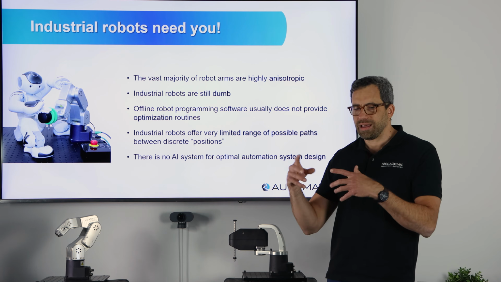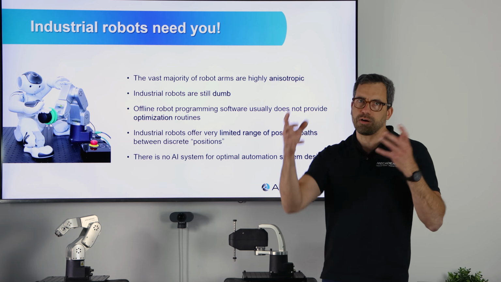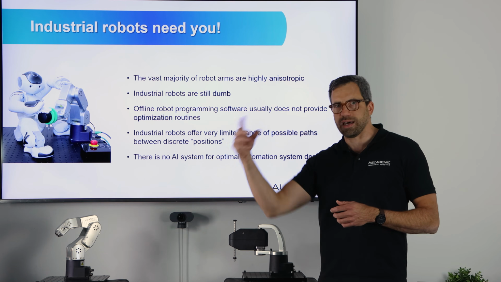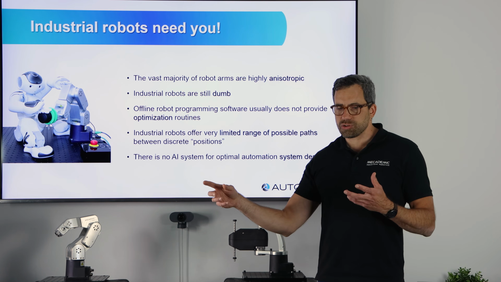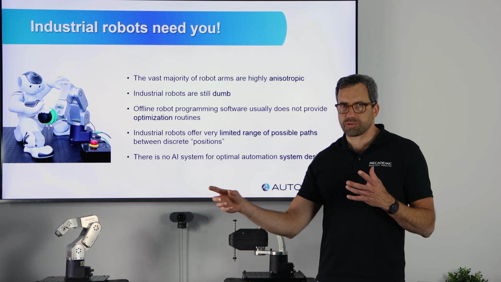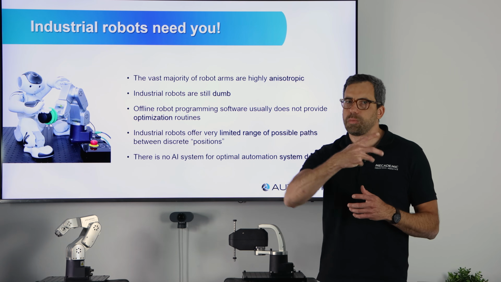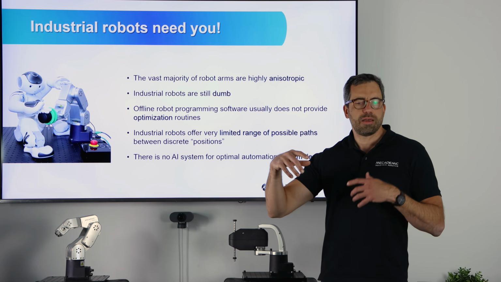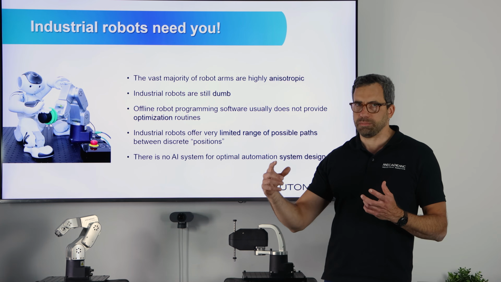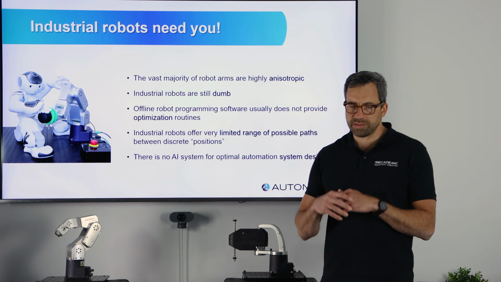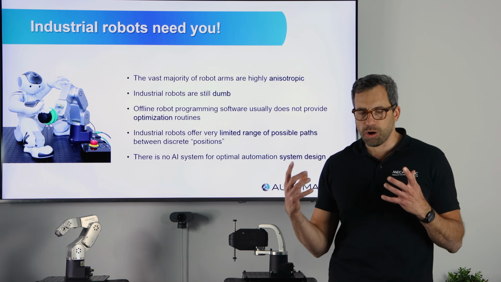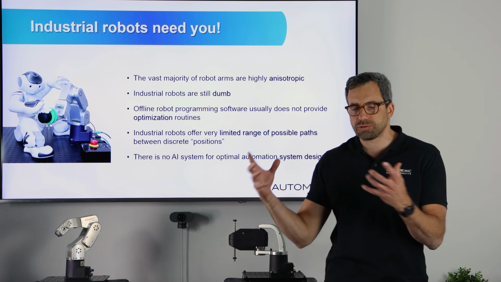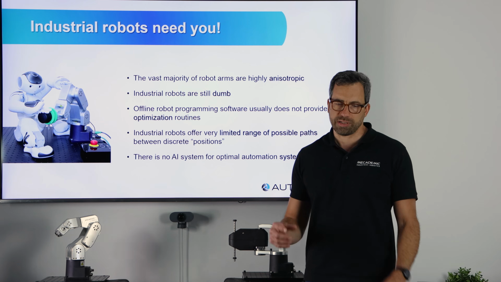So you don't have a lot of possibilities. So going from one robot position to the other, almost all of the industrial robots will not give you the optimized path that will be minimum cycle time. They will not do this, okay? So there is no optimization in almost all of the robots. So you need to do this optimization yourself.